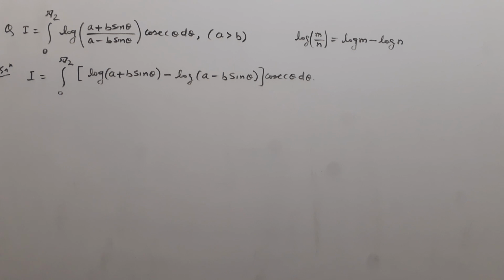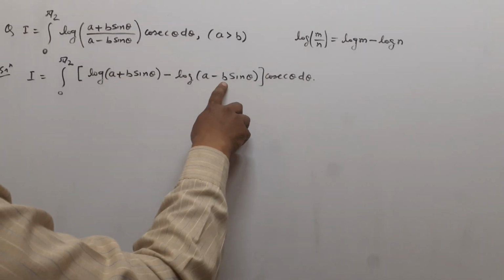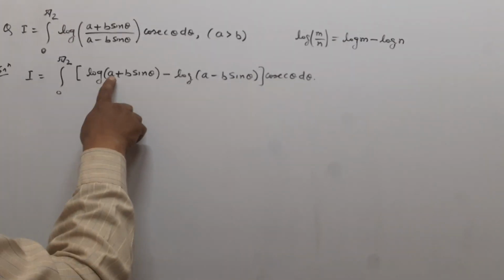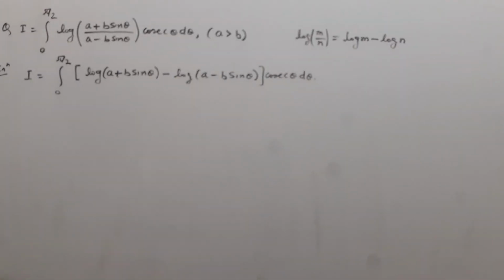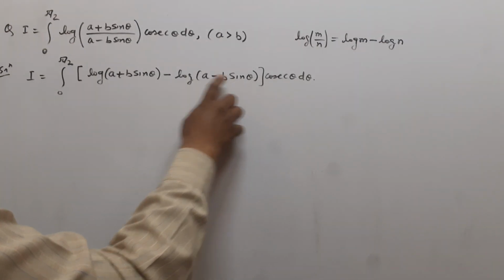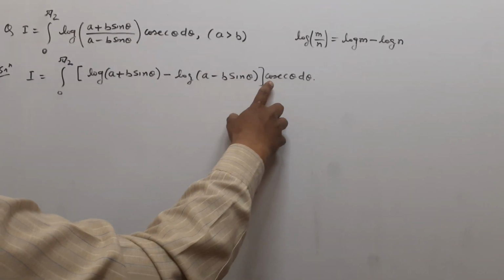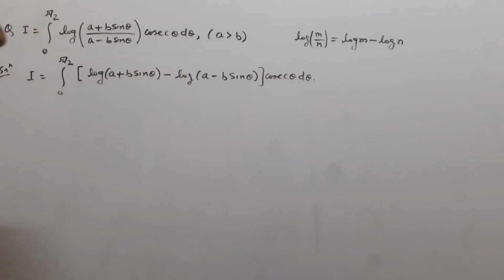Now we can see here that a and b are both independent of theta, so these are the parameters. If we differentiate this integral with respect to b, sin theta will come in multiplication, and sin theta and cosec theta will cancel out.